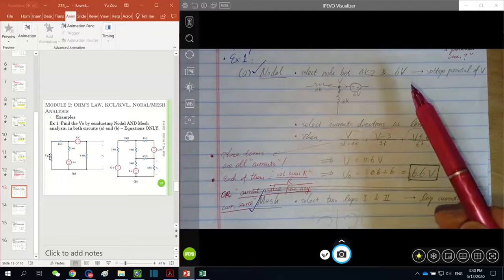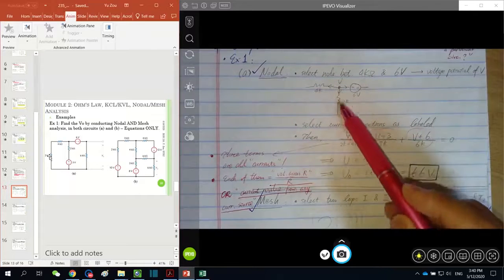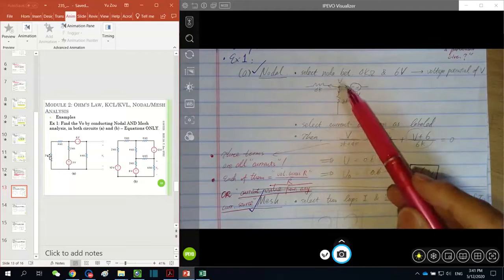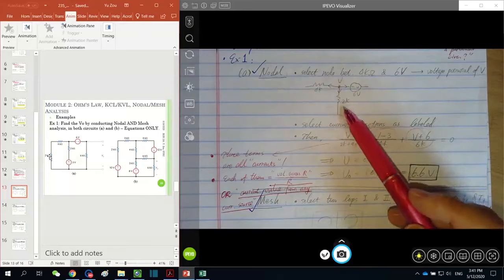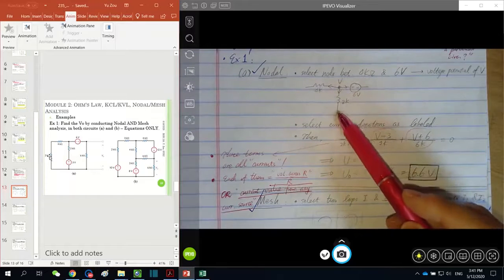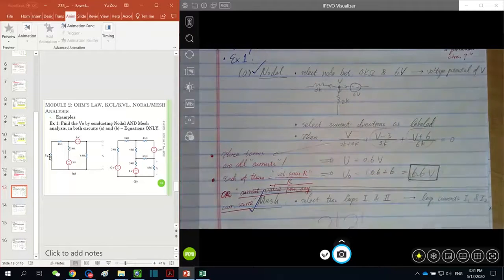Next, let's take care of the current down here going through 2 kilo ohm and 3 volts. Here, the voltage across 2K itself is V minus this node voltage. However, what is this node voltage? By reading the circuit, you should notice that at this node, the voltage is nothing but 3 volts with respect to the ground.